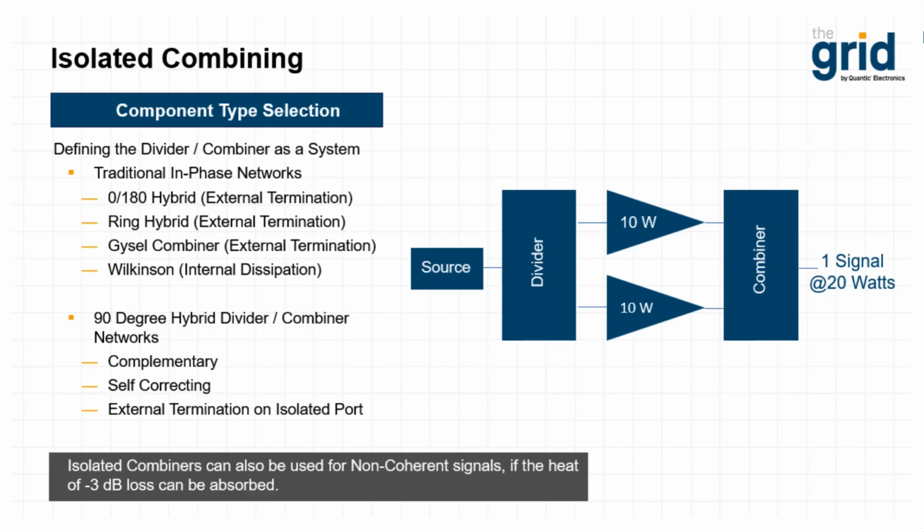Once we have any sort of device where there is a termination as where the energy is going, that becomes a very effective heat management solution for getting that excess power away from the device itself. So a 0-180 hybrid has an external termination. A ring hybrid, for example, any variety of those will have an external termination. A glycol combiner will also have a high power external termination.